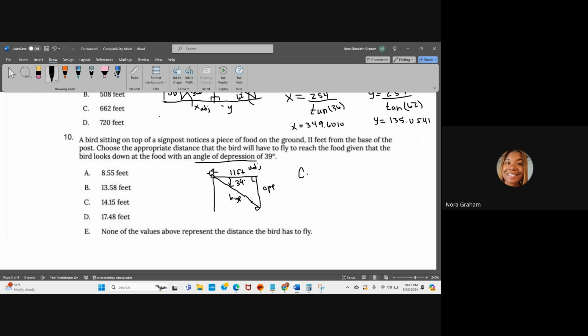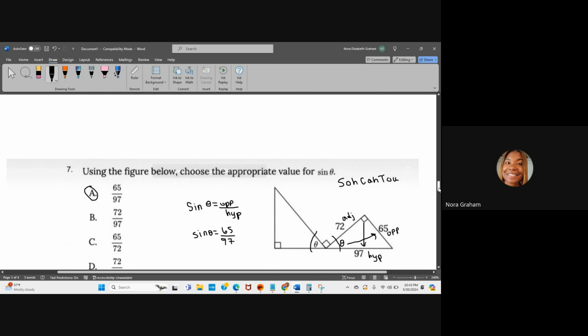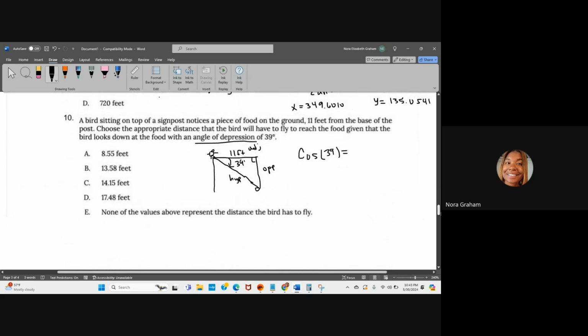So cosine of the angle they gave me, which is 39, equals, SOHCAHTOA, I even have to look sometimes, adjacent over hypotenuse. So that's adjacent, 11, over my hypotenuse. And I'll mark my hypotenuse as x.